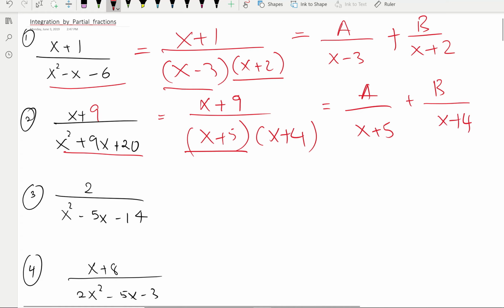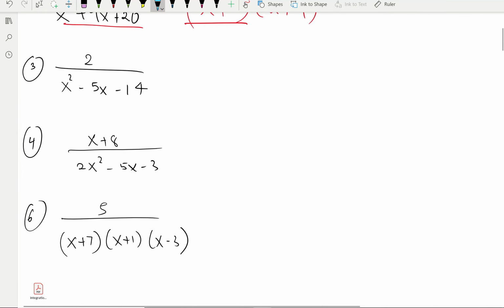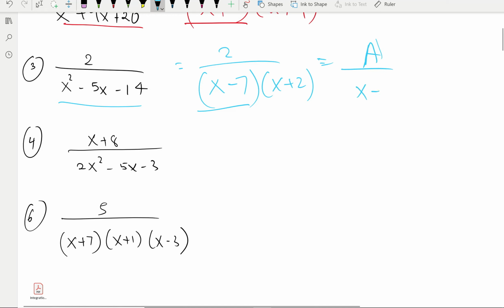Very simple. Let's do some other questions very quickly. So 2 over, let's factor this. What do we get? x minus 7, x plus 2. So for x minus 7, A over x minus 7 plus B over x plus 2. Does it need to be addition? No, it does not need to be. You can have subtraction, but it's easier to have addition there.